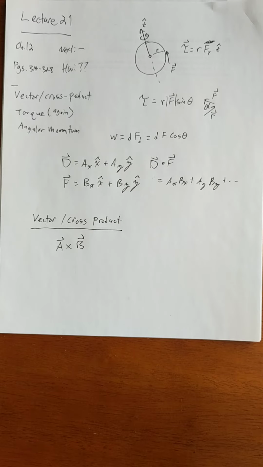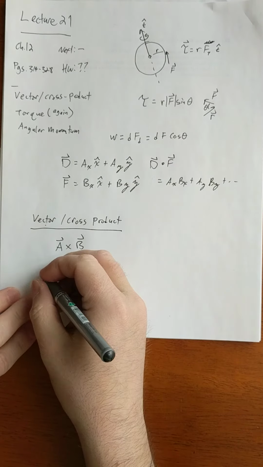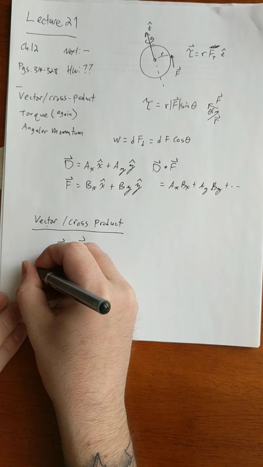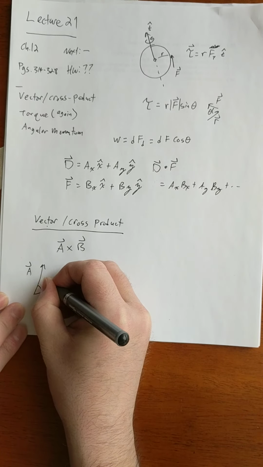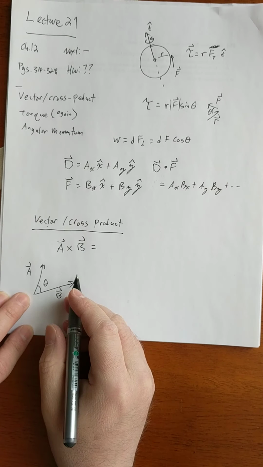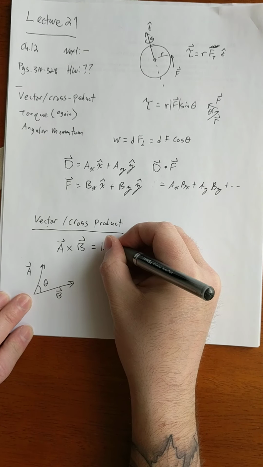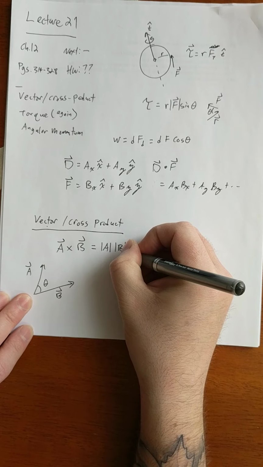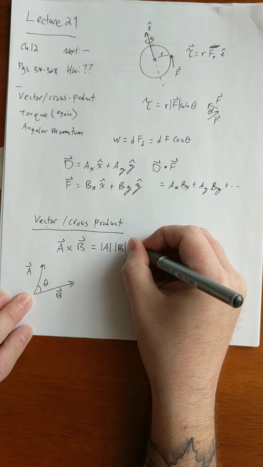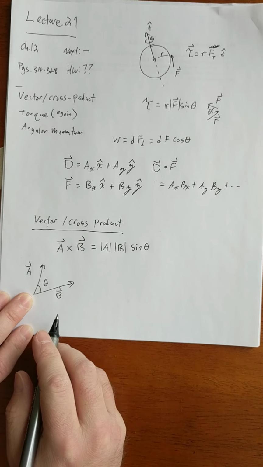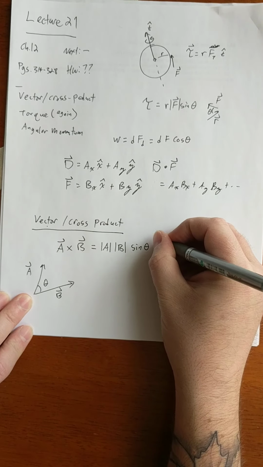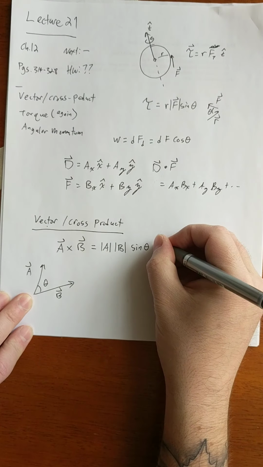The easiest geometrical definition is if we have two vectors out in space, say A and B, with some angle between them. The result of that cross product is going to be the magnitude of A times the magnitude of B, much like the dot product, but now times the sine of the angle between them, and some new unit vector.